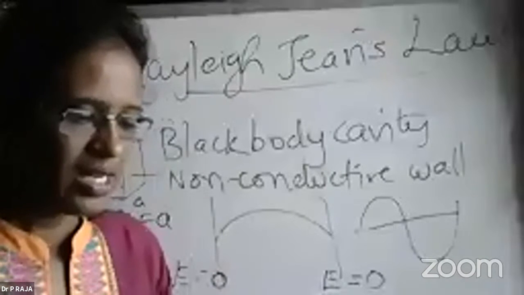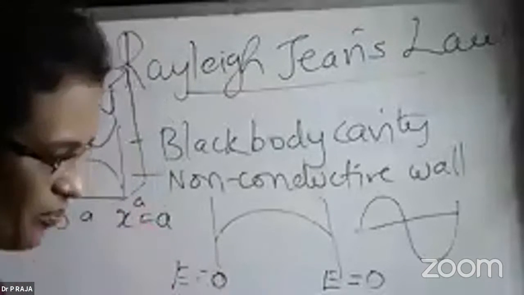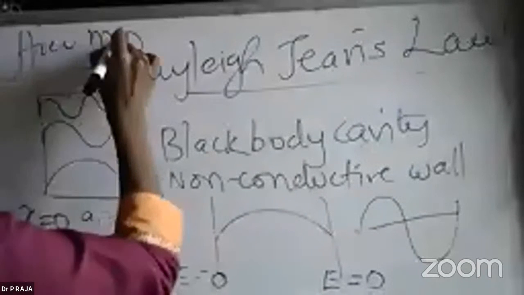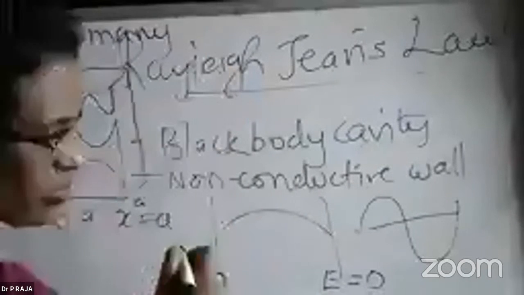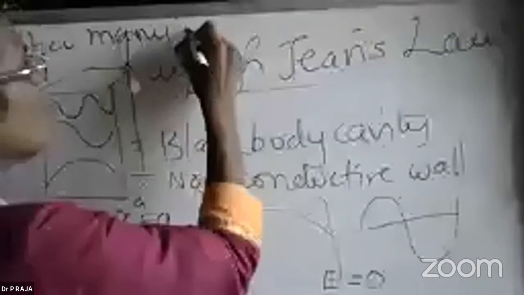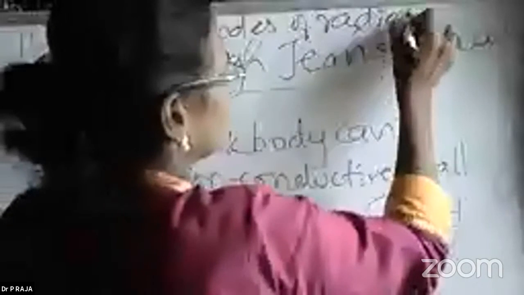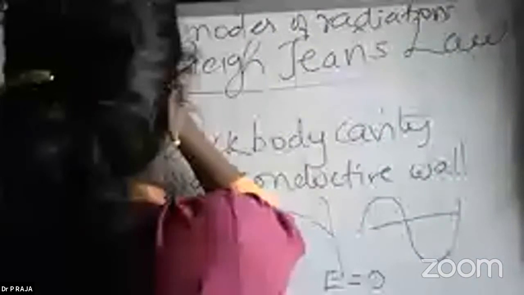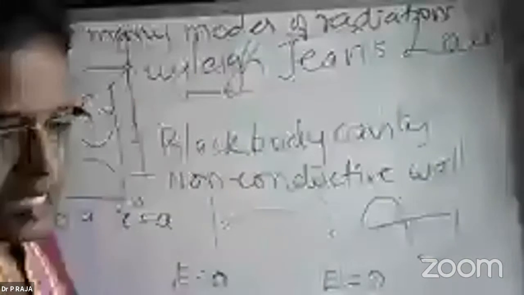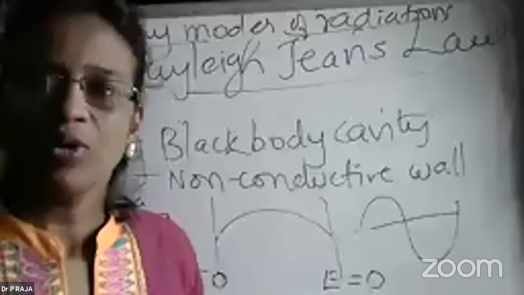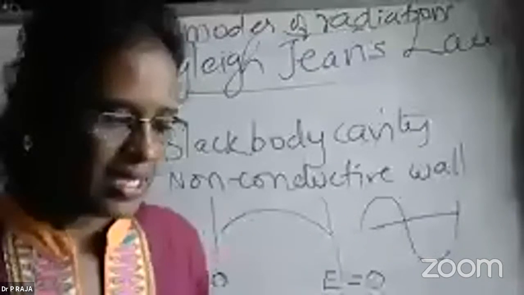So Rayleigh and Jeans tried to calculate how many modes of radiation are possible inside a cavity. This is important. The key points have to be underlined. Once you know the number of modes, then it's easy to calculate the energy.